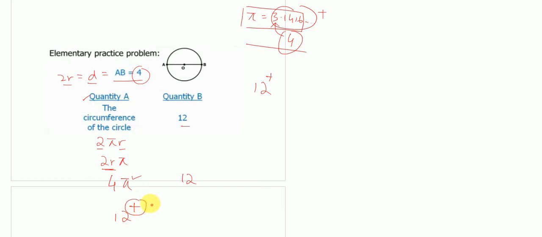We don't know what that exact value is, but it's at least bigger than 12. Under B, we have exactly 12. So which means that quantity A would always be greater than quantity B. See, we did not compute the exact value of quantity A, but still we were able to confidently compare these two values. Alright, let's move on.